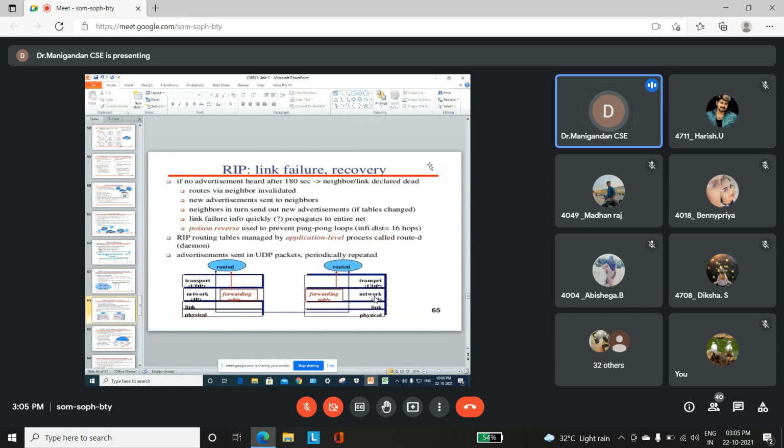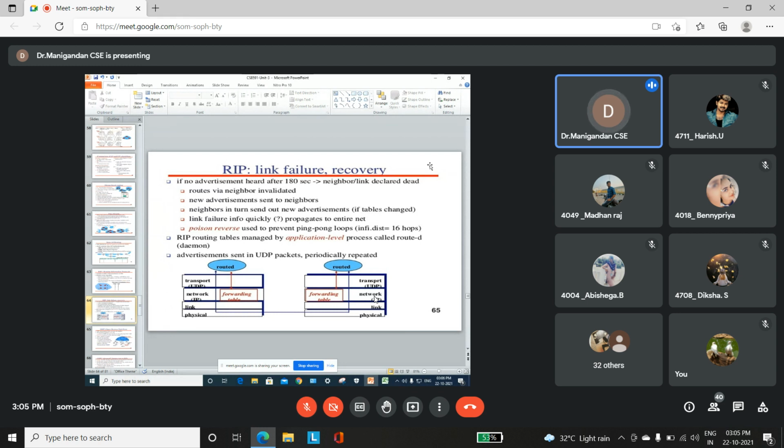Here, link failure: if any link failure occurs, it means there is no advertisement heard after 180 seconds. If a neighbor node's link is affected, then by using that routing protocol the link is declared as a failure, or declared as a dead node. So routes via that neighbor are invalid. The router will find the shortest path or what problems occur in the routing process, and a new advertisement is sent to the neighbors.